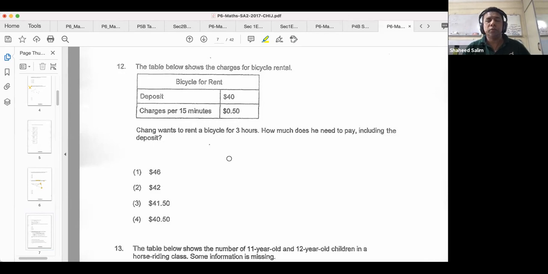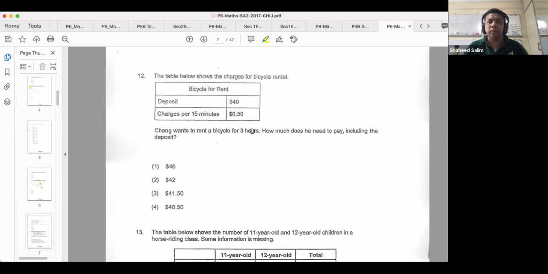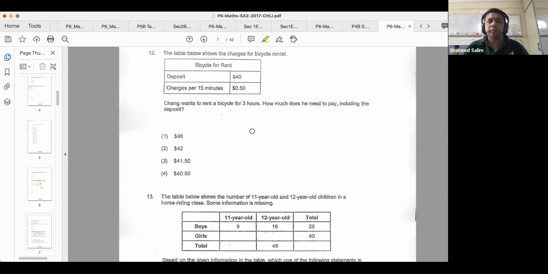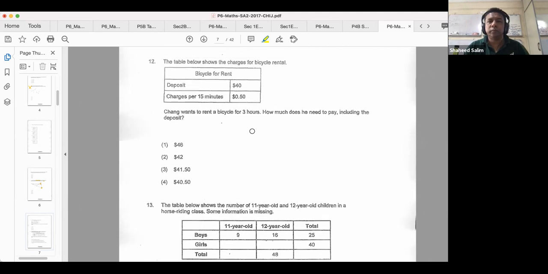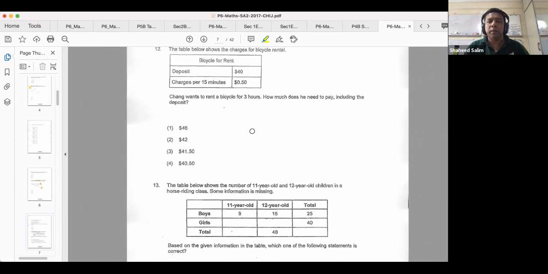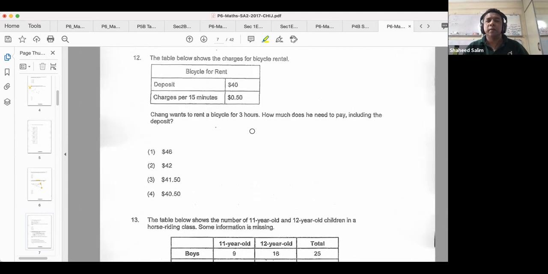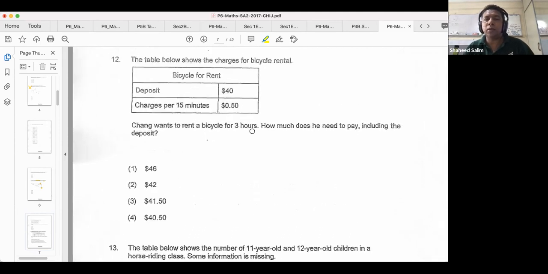Hold on. Okay, let us see. Darwish and Putri, congratulations. Well done. You can do the next one also. I think no, cannot yet. Sorry, there's no space. Okay, Zahin, got to check.